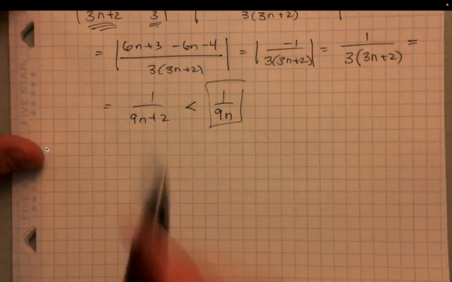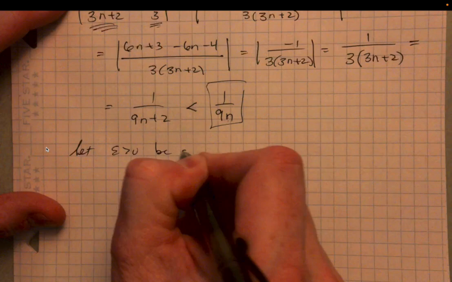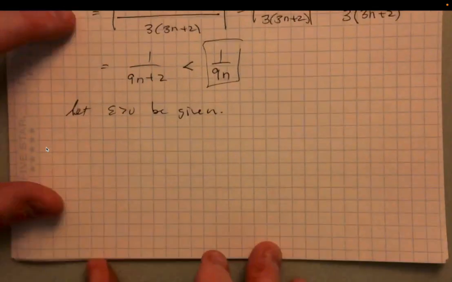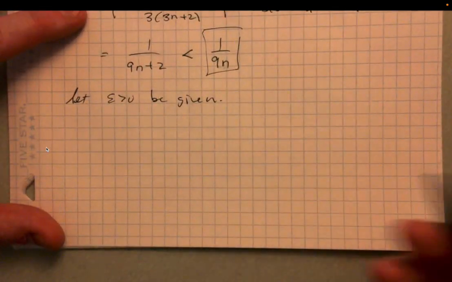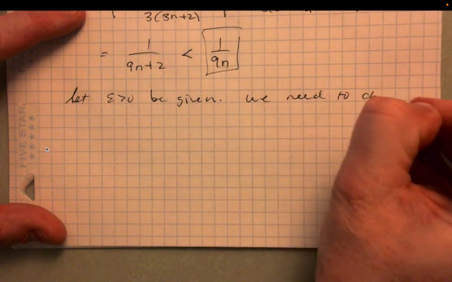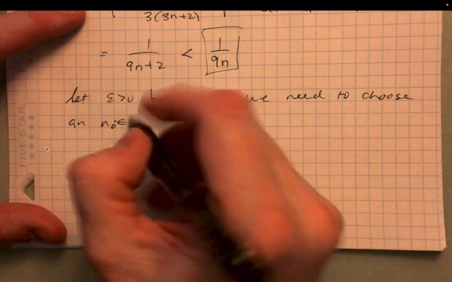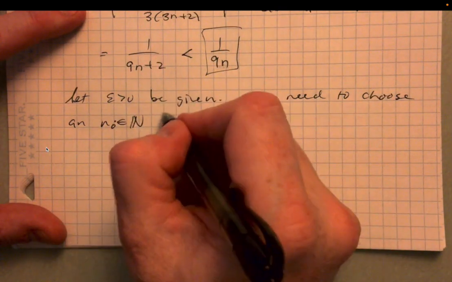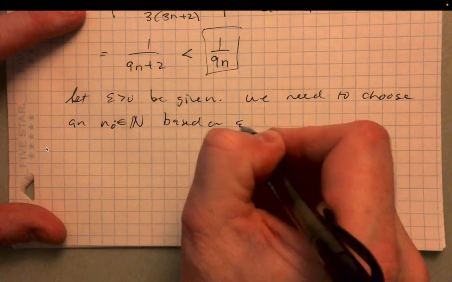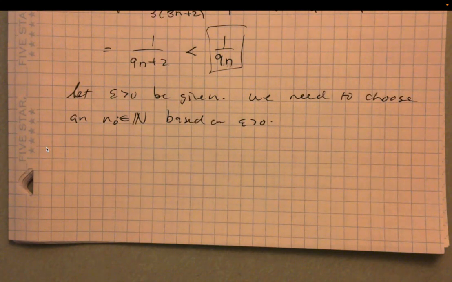And so let epsilon greater than 0 be given, and we need to choose an n naught natural number based on epsilon. Remember, epsilon greater than 0 is given. It's arbitrary. We need to build our choice of n naught on epsilon.